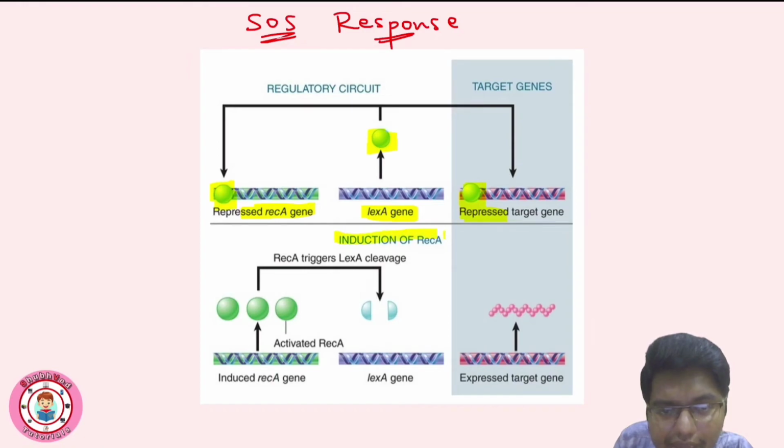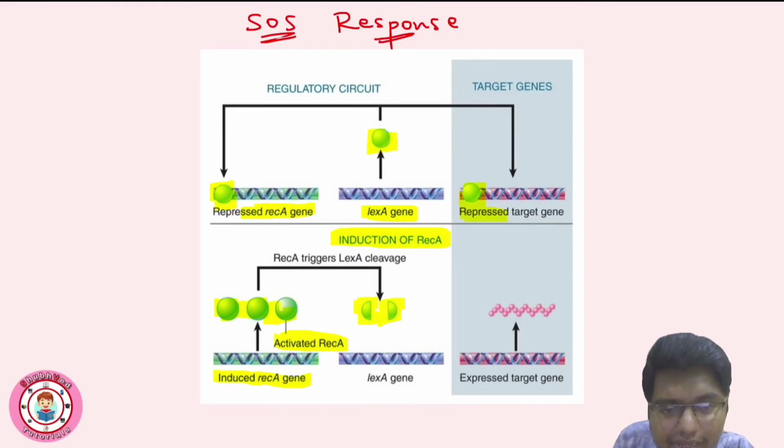Now what happens here? This is the induction of RecA. How is the induction? First of all, the RecA gene is activated and induced. These are the RecA proteins. Then RecA proteins trigger LexA cleavage. Means this RecA protein will cleave this. Now this is cleaved, so it cannot act as a repressor.